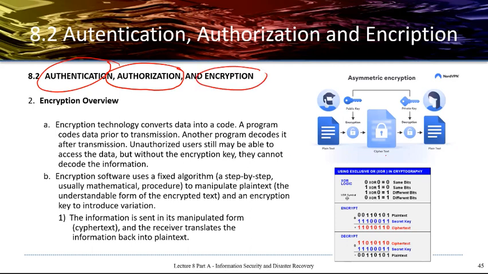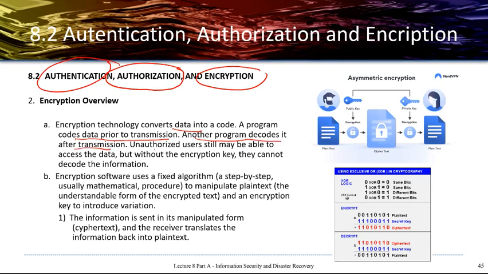Encryption technology converts plain text data into a coded form. A program encodes data prior to transmission, because during transmission somebody can take that data and use it to log in without authorization. Another program decodes it after the transmission.